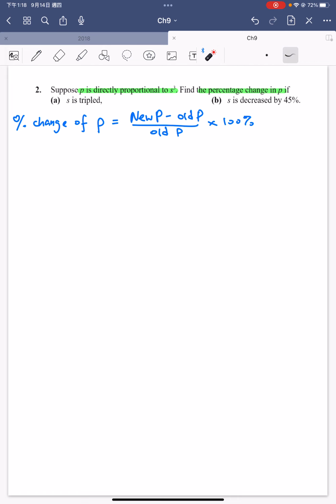Because p is directly proportional to s cubed, we can write p is proportional to s cubed. And every time you see this symbol, you can change it to equal to k, isn't it? So we can have p is equal to ks cubed.